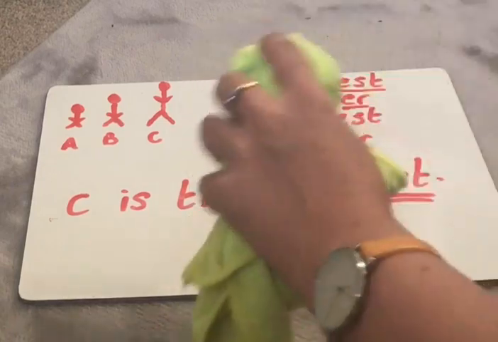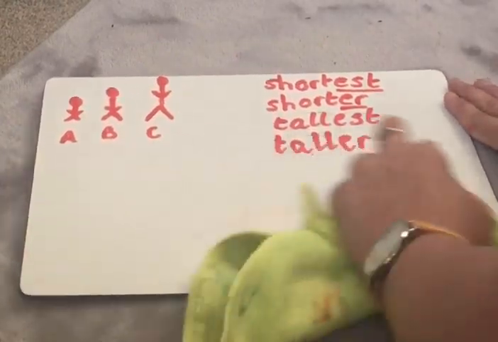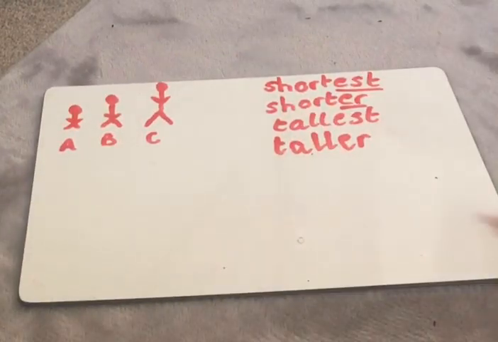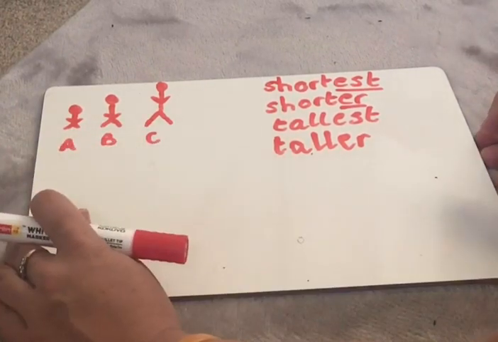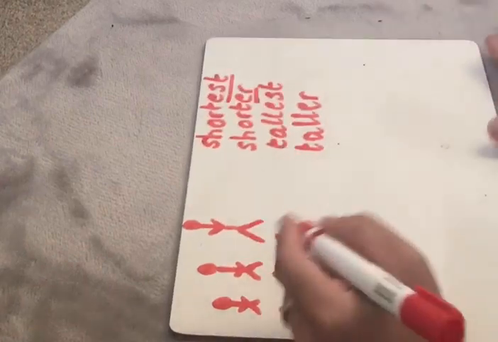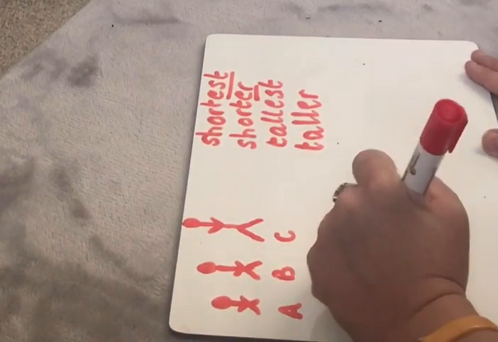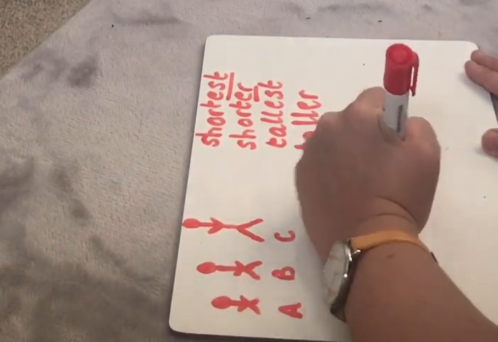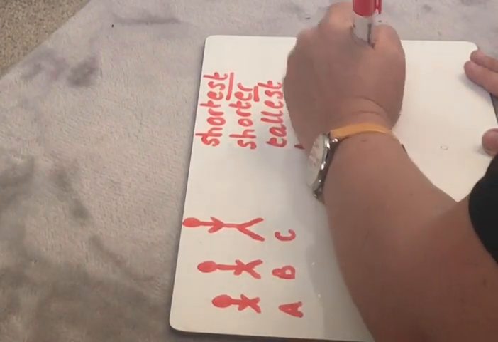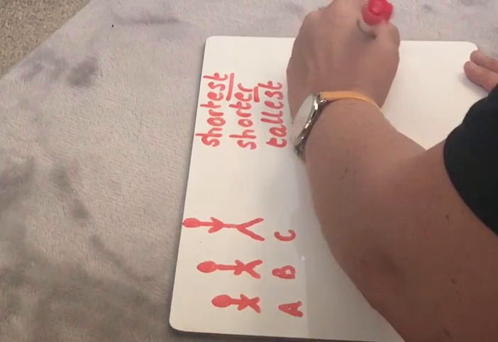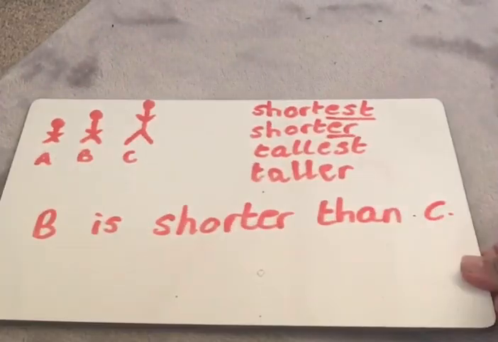Now, to compare, another way is to use the suffix er on the end. So let's see. If I write this sentence for you, there we go. If we can see it.